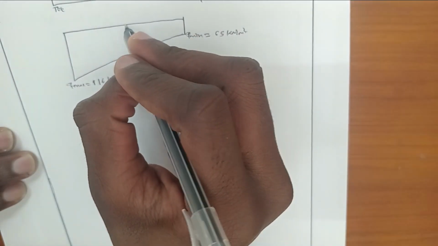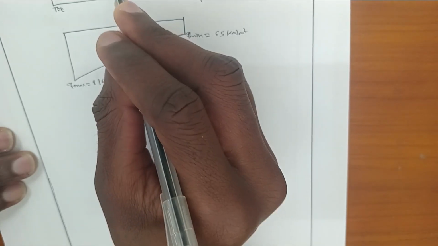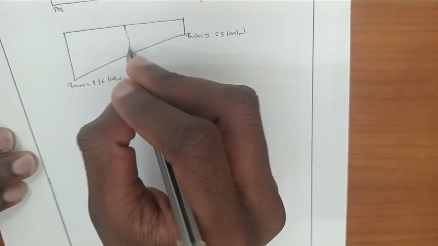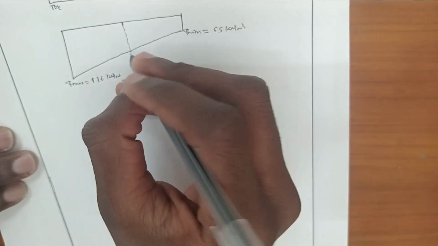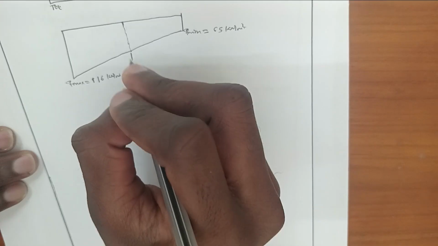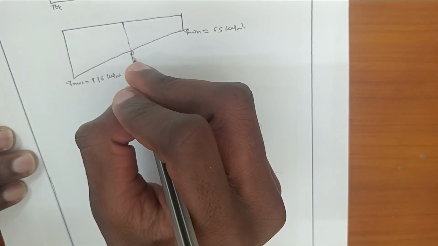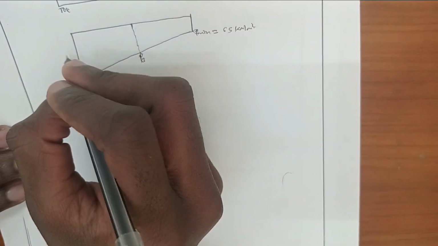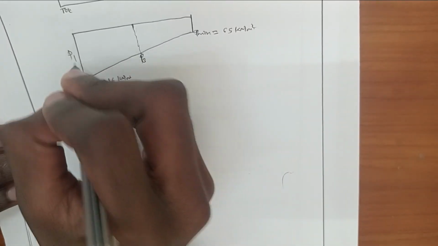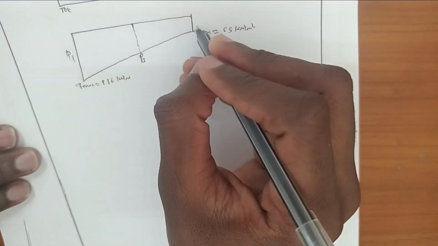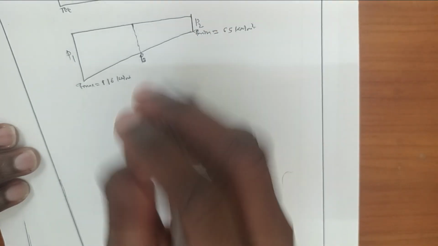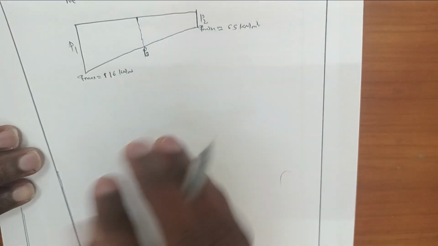So we design the heel slab at point C. Let's say pressure 1 here at the toe, pressure 2 at the heel, and pressure 3, the design pressure at point C.